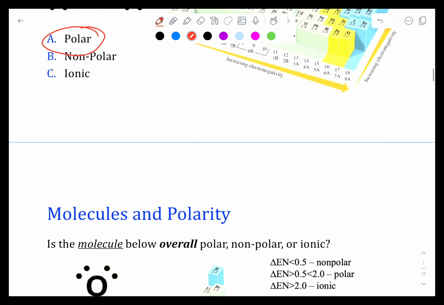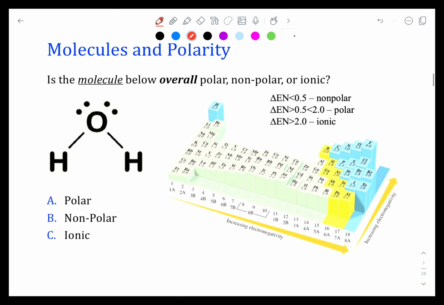Let's look at the molecule overall. If these bonds are polar, the electrons are being pulled up towards that oxygen. Because they're not being pulled in equal and opposite directions, they add together. So the molecule overall is going to be polar as well.